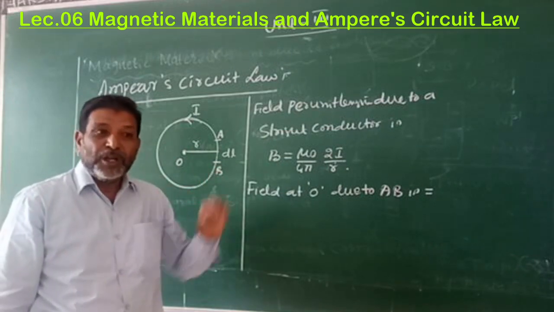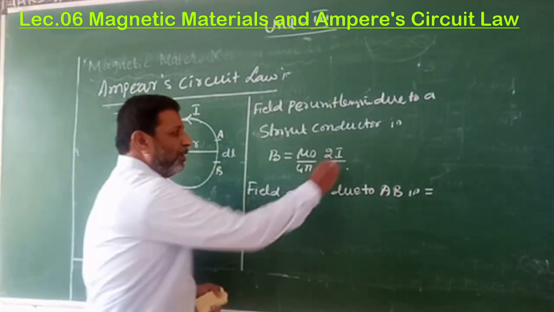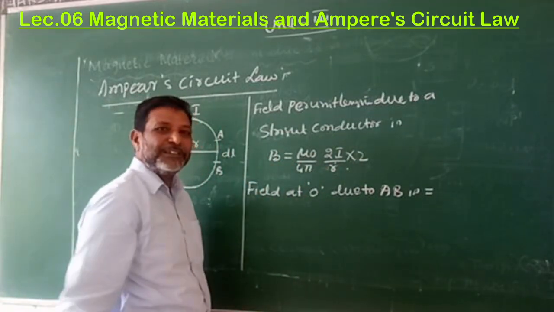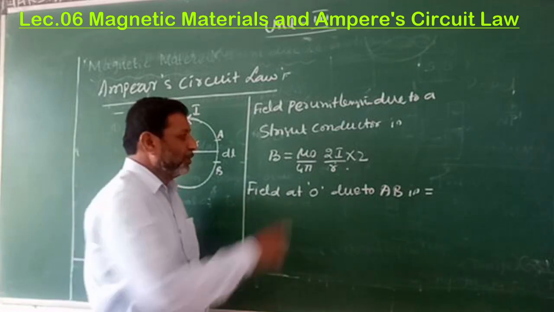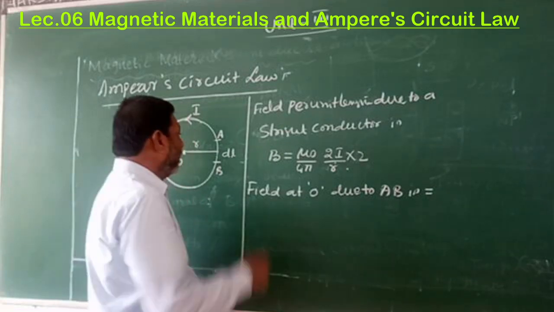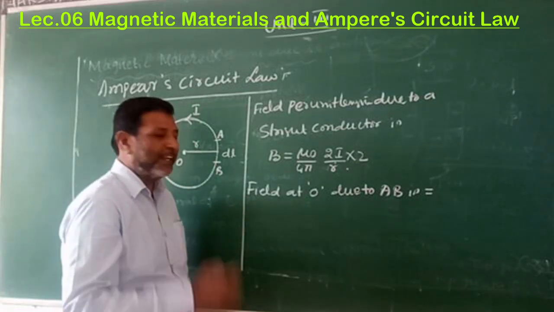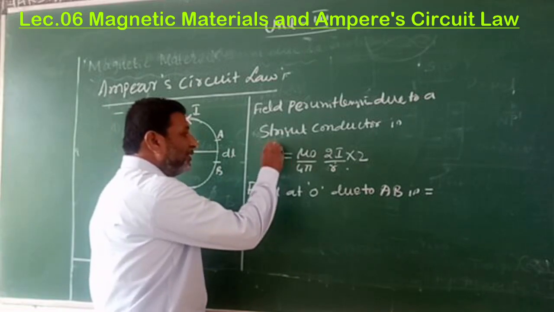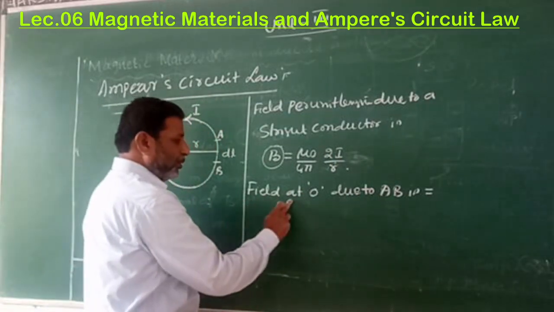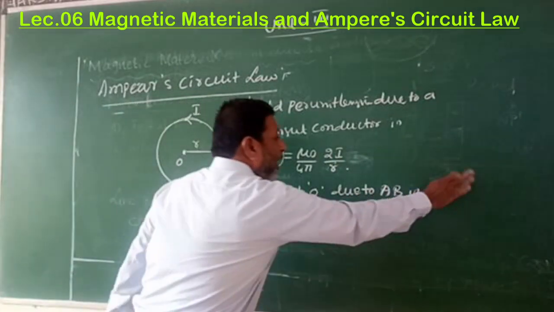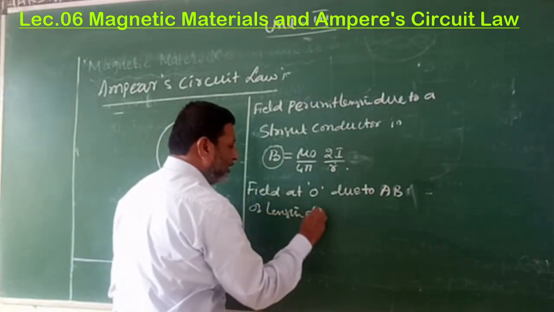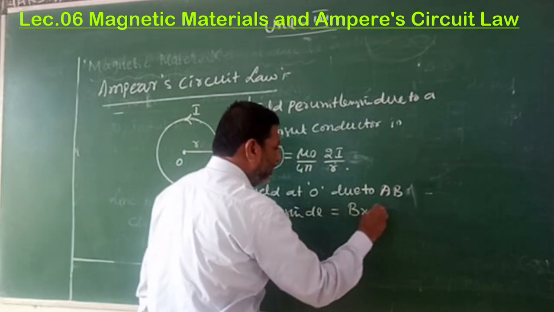For 2 units of length, you have to multiply by 2. For 3 units of length, it is 3 into this much, and for 4 units, 4 into this much. Here B is the magnetic field per unit length. Then the field due to AB of length dl is equal to B into dl.